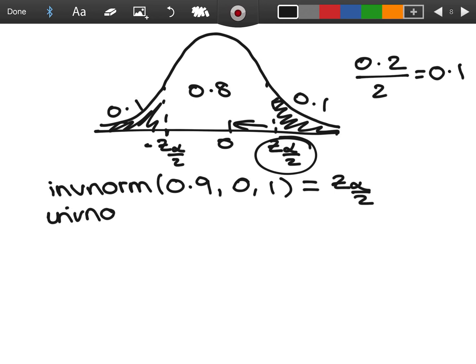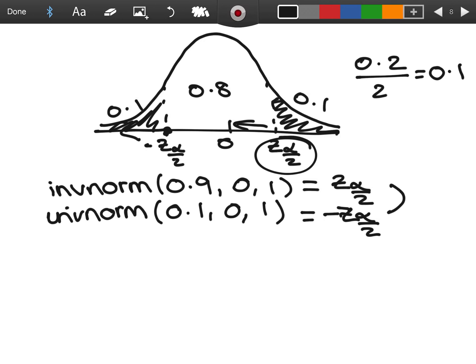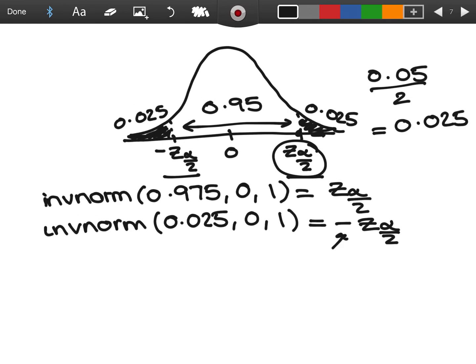Or either way, because you only need one of these values, since they're just positive and negative of one another, you could type in 0.1 as your area, and that would give you negative z of alpha over 2. And if you just wanted z of alpha over 2, get rid of the negative. Okay? These two are just positive and negatives of one another. Okay, so that is all that was saying.